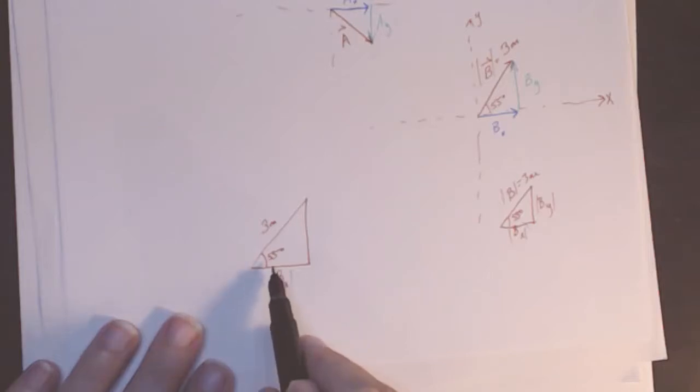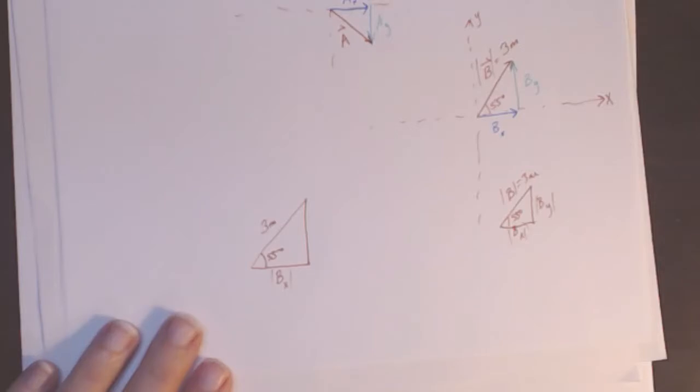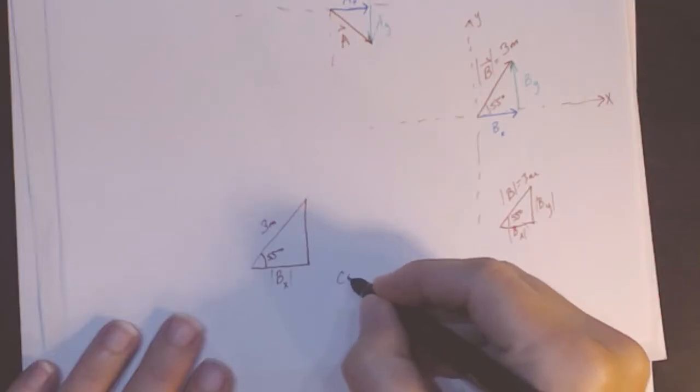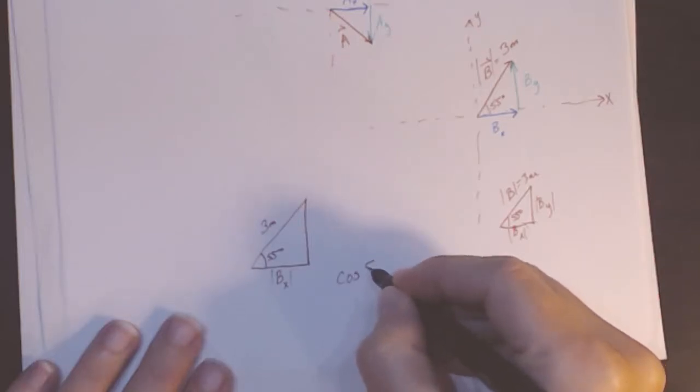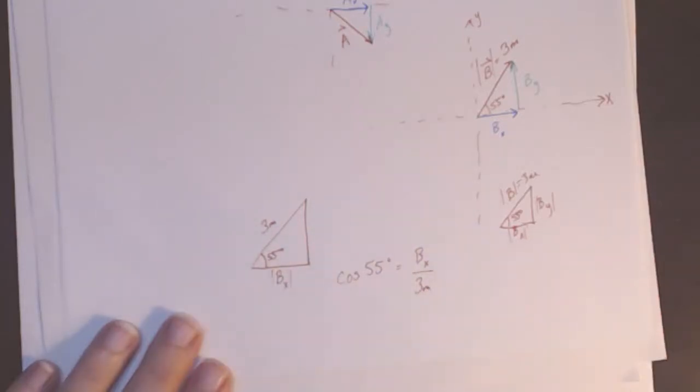This side is the adjacent side to the angle I know. That's important because that tells me which function I want to use. Because it's adjacent, I'm going to use cosine. Cosine of the angle is equal to the adjacent side over the hypotenuse.